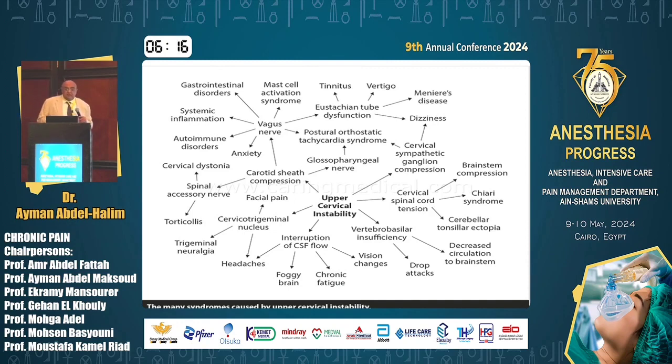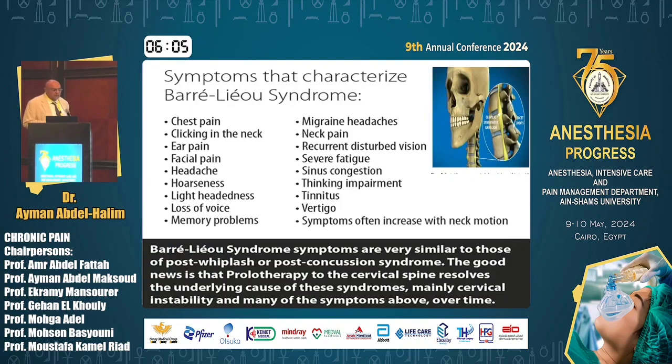So it can basically give you all kinds of diseases just from being unstable, and it could be treated with PRP or dextrose. Barré-Liéou syndrome is one form of cervical instability. Prolotherapists love talking about it in their meetings. I've seen it only once in my life, so I don't want you to think it's very common.